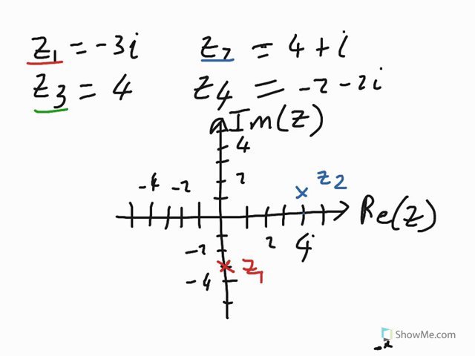Z3, simply 4 on the real part and 0 on the imaginary part. And finally, -2, -2 down here. So there is Z4.